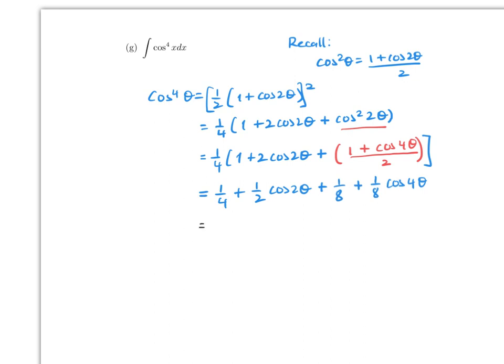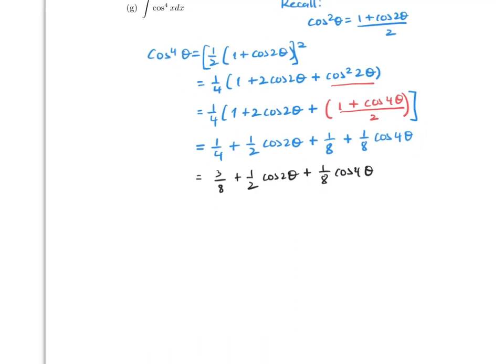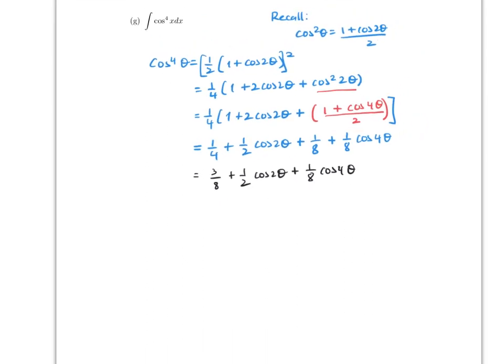So essentially this is 3/8 plus 1/2 cosine 2 theta plus 1/8 cosine 4 theta. And then this is pretty easy to integrate. So therefore, if you call this I, it is just the integral of 3/8.